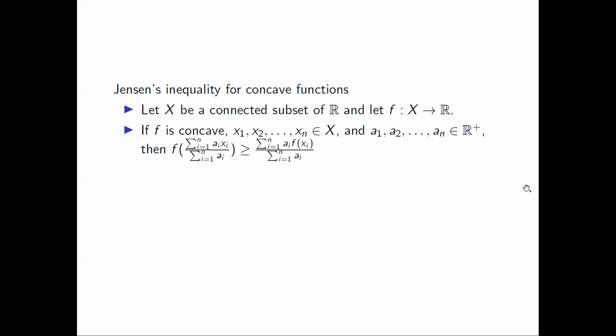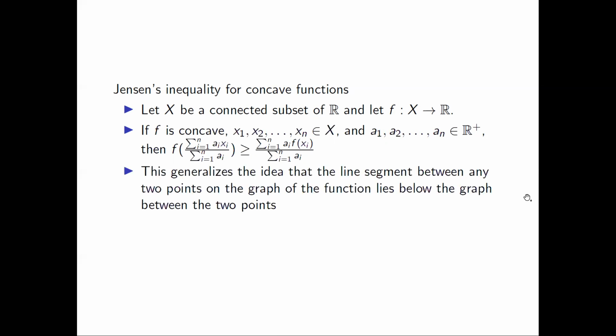And Jensen's inequality for concave functions says that if f is concave, if x1, x2 up to xn are real numbers in big X, and if a1, a2 up to an are positive real numbers, then if we take f with the input sum from i equals 1 to n of ai xi divided by sum i equals 1 to n of ai, this is going to be greater than or equal to the same thing that we saw on the previous slide, just the sum from i equals 1 to n of ai times f of xi divided by the sum from i equals 1 to n of ai.